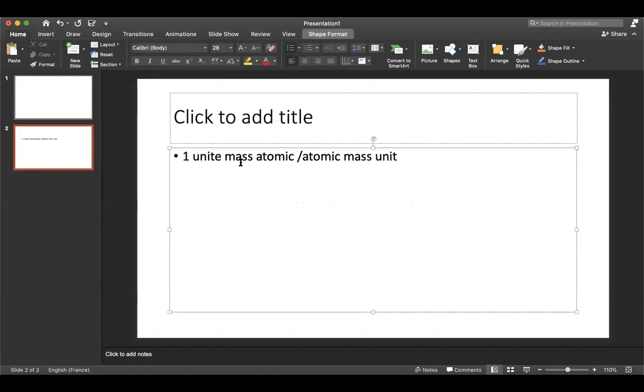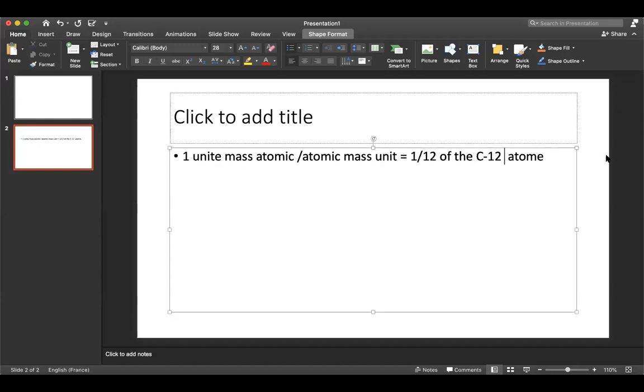So now we're saying 1 atomic mass unit is equivalent to 1/12 of the carbon atom. This is a definition of what "of" means. Mathematically, of means multiplication.